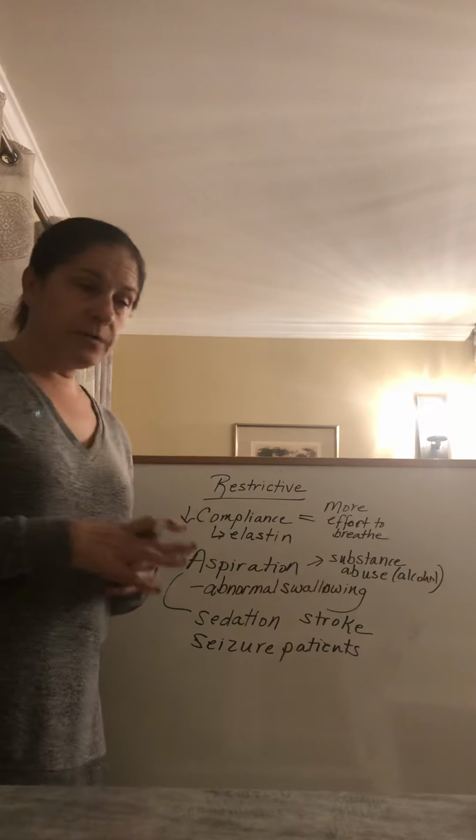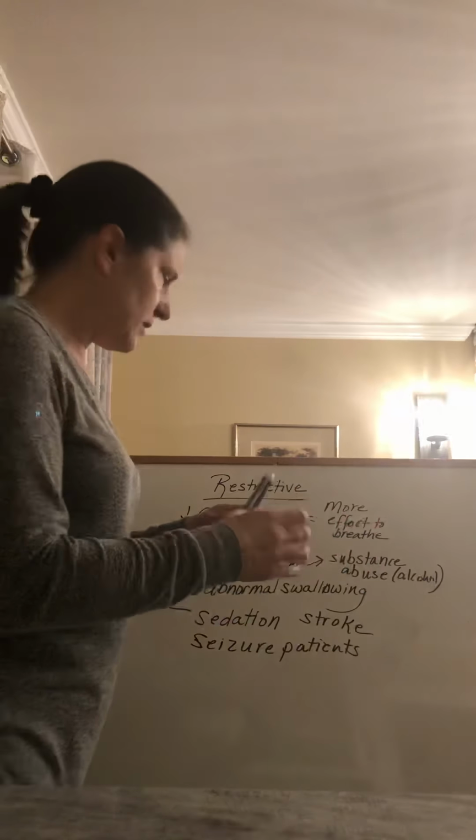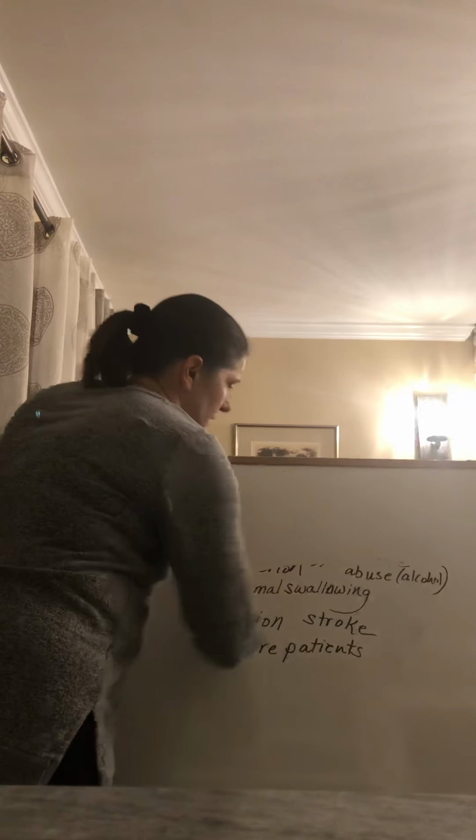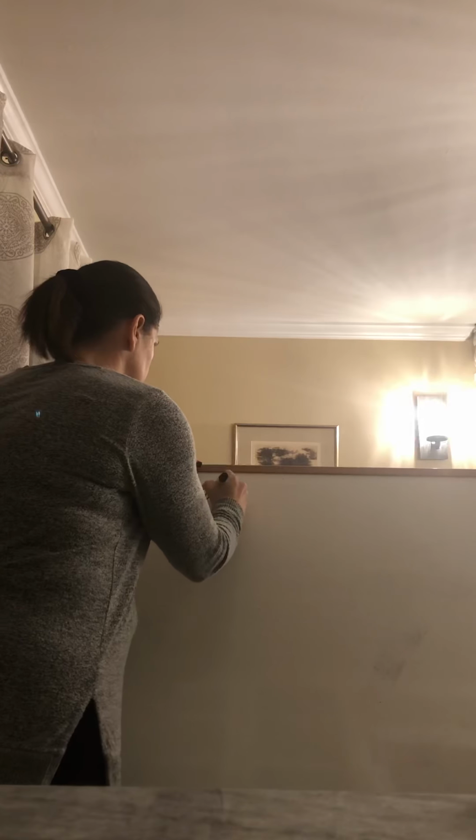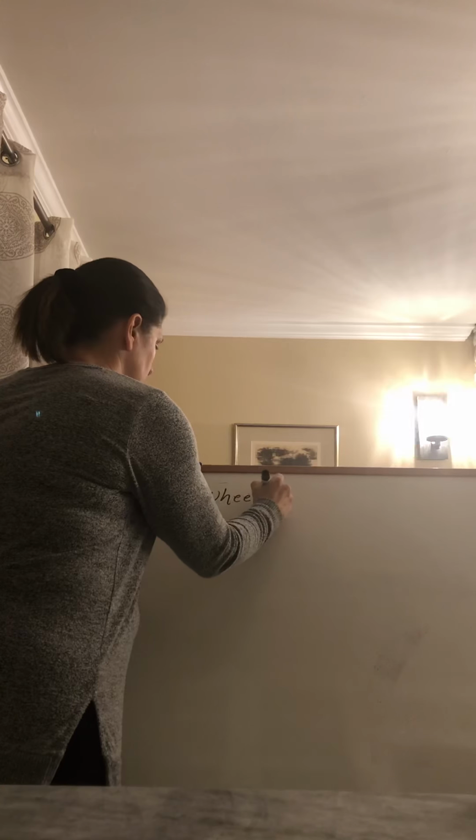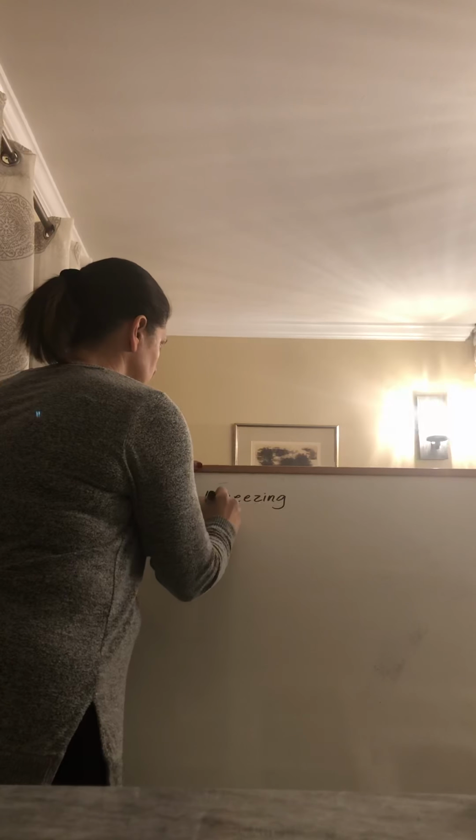How do we know that this has happened to us? You would have an onset of choking, of course. But if it goes down into the lungs, wheezing, intractable coughing.